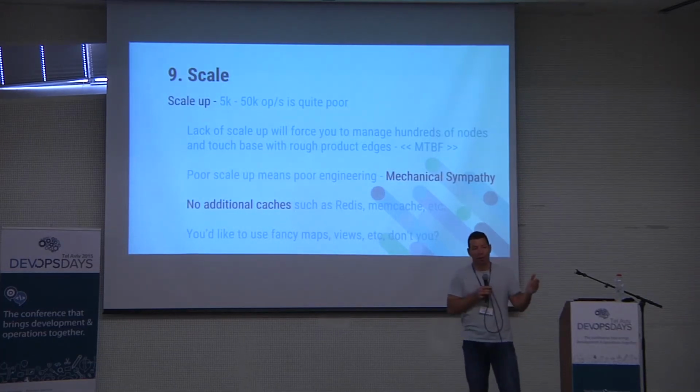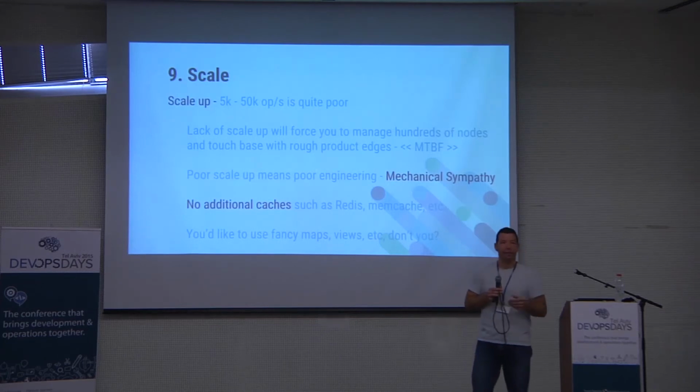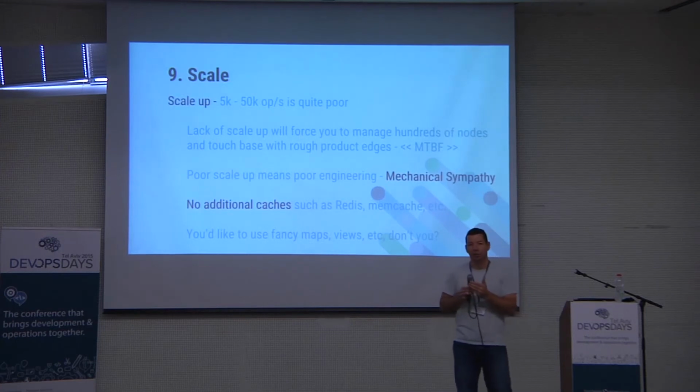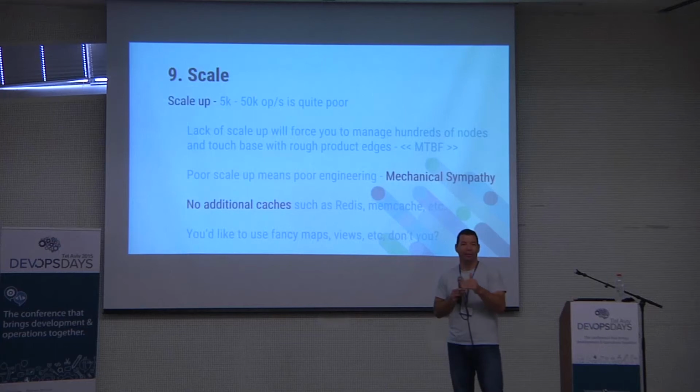Go ahead and use a simple key value like Redis and Memcache if you do not need a database. If you do need a database, you would like to use all of the good properties of the database like maps and indexes and all of these things. But of course, they come with a cost. So the lower you begin, then it will only degrade from that point.